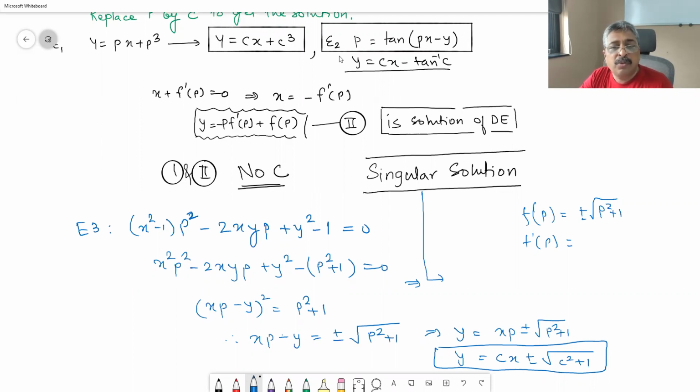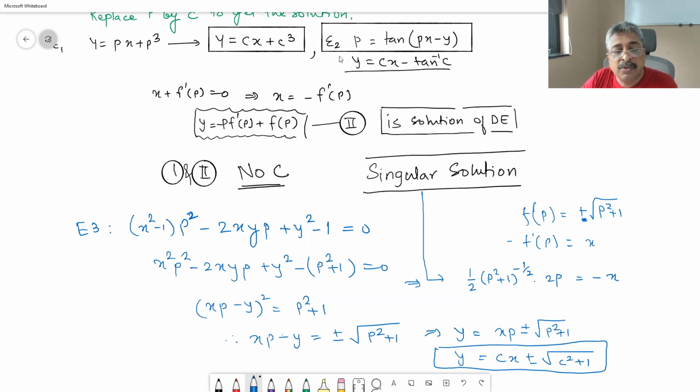X is equal to opposite of f dash of p. Let us first say plus. Suppose we take plus, then derivative of radical p square plus 1 is half into p square plus 1 raised to minus half into 2p, is equal to opposite of x.